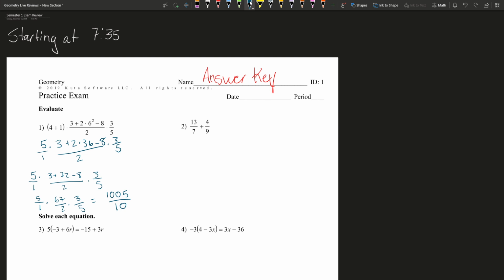So when you simplify this down, in this second step, we get 3 plus 72 minus 8. That becomes 67. Everything else stays the same.